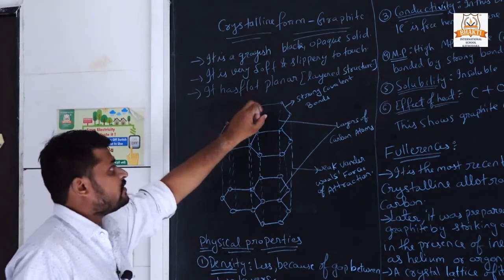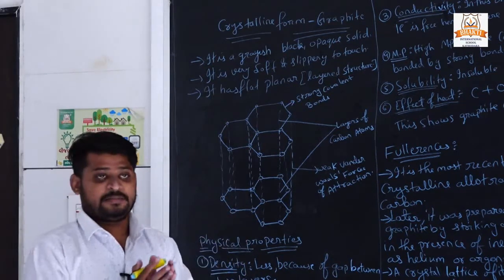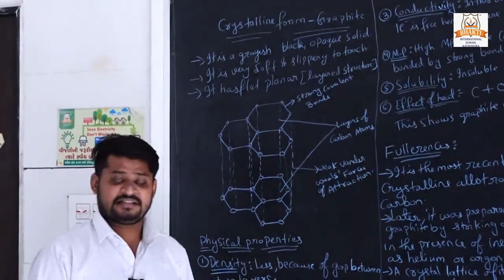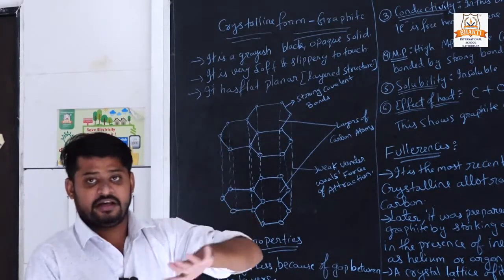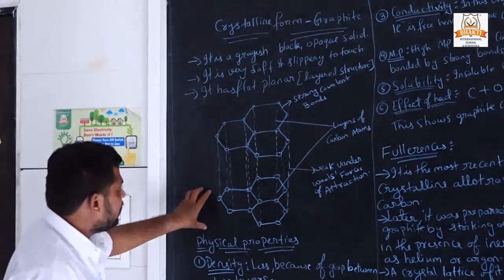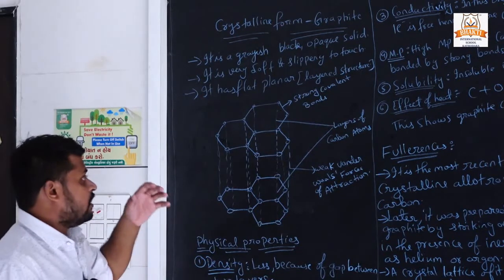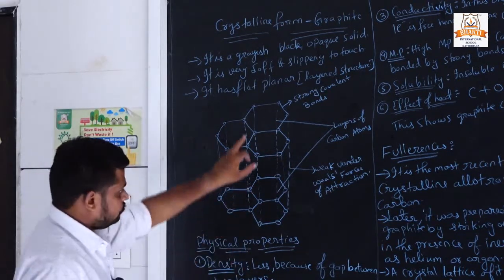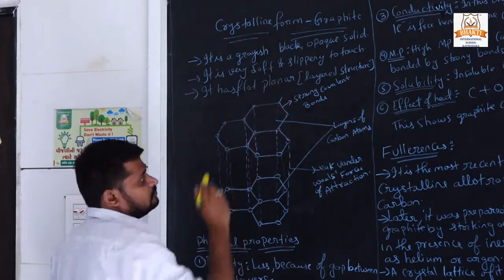Graphite has a flat planar structure, meaning it doesn't have a spherical or any other geometrical shape. It has a flat surface and a layered structure, one layer after another. The carbon atoms form hexagonal shapes, or pentagonal shapes.